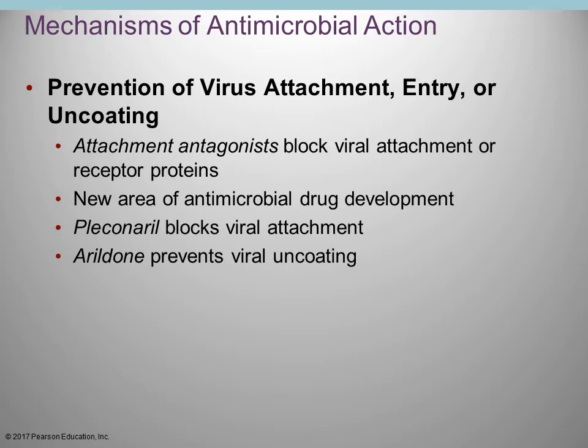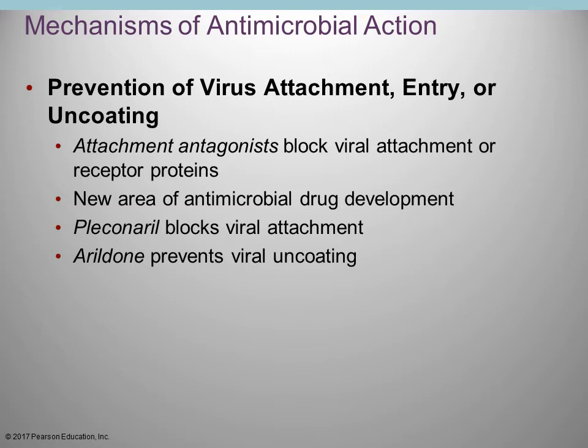Some look at preventing, once the virus attaches to a host cell, it still has to penetrate, it has to enter. And so preventing that step. And then once a virus is inside of you, the DNA or the RNA, depending on which it is, has a coat around it, protecting it. And so we refer to it as uncoating once it's inside of you.